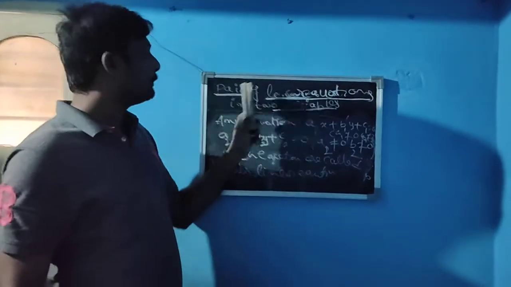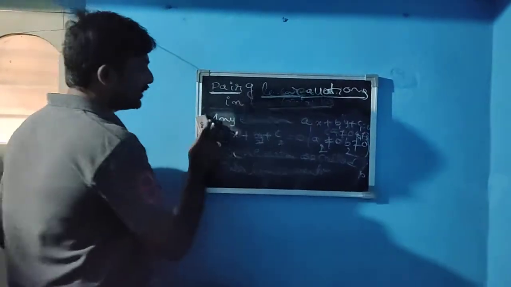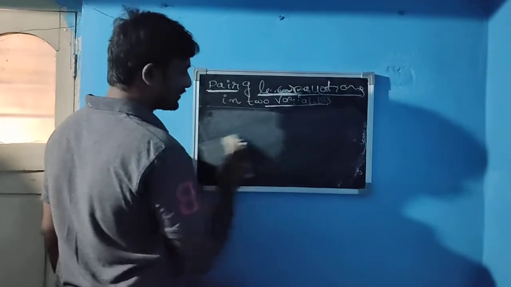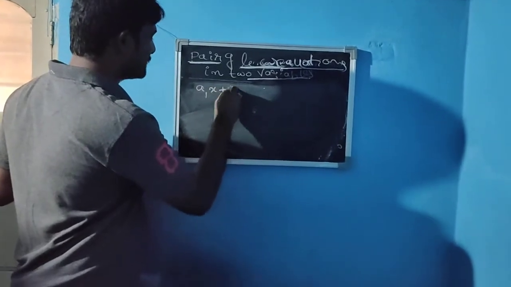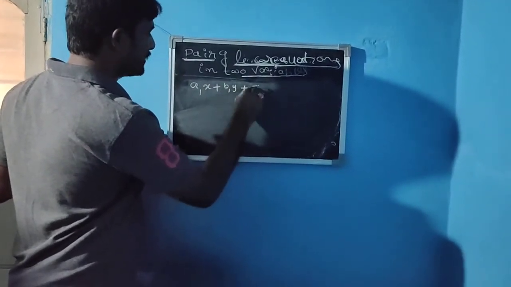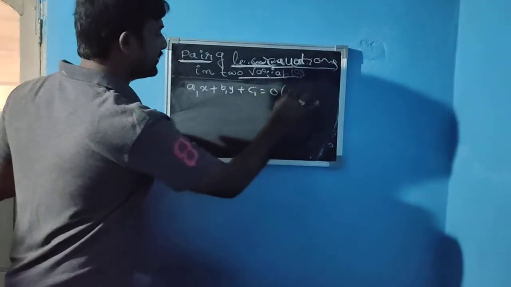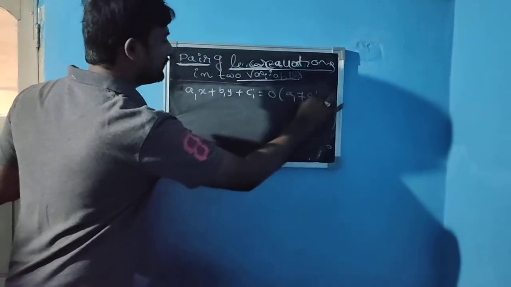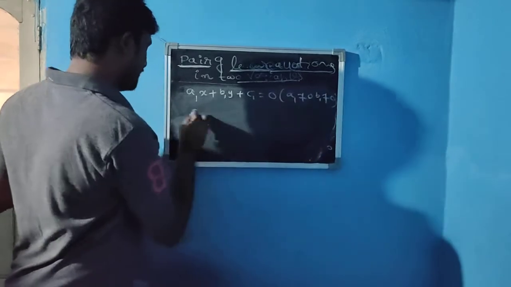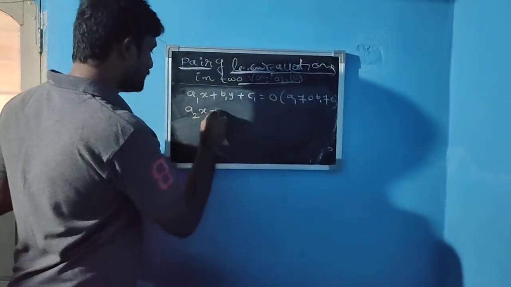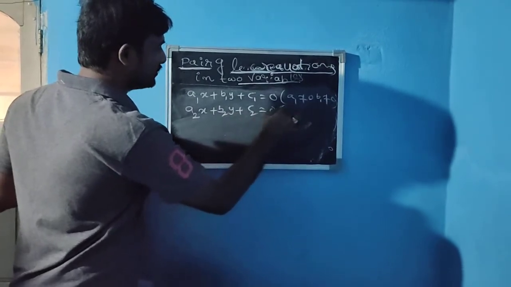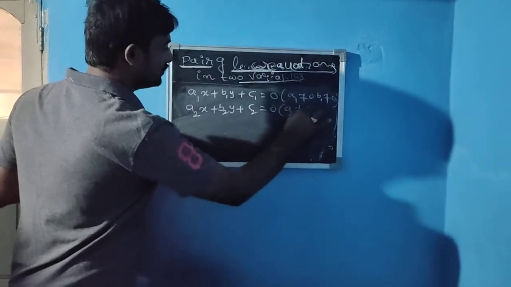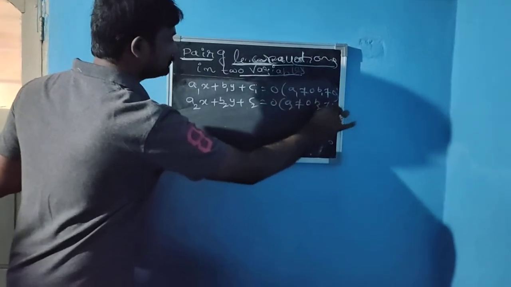Today we will discuss the continuation: a1x plus b1y plus c1 is equal to 0, a1 not equal to 0, b1 not equal to 0, as well as a2x plus b2y plus c2 is equal to 0, a2 not equal to 0 and b2 not equal to 0.